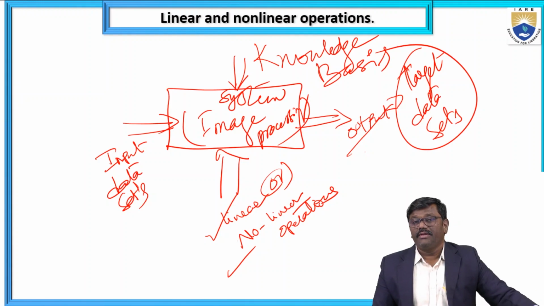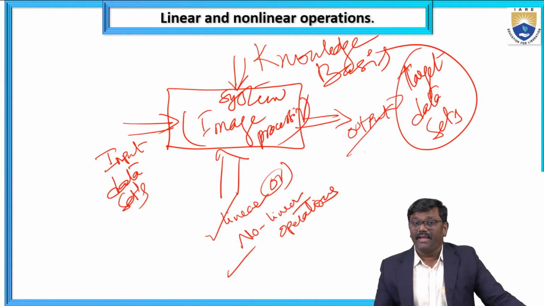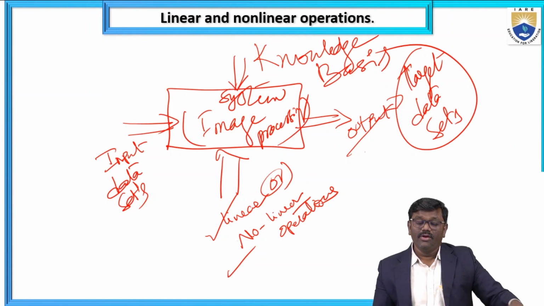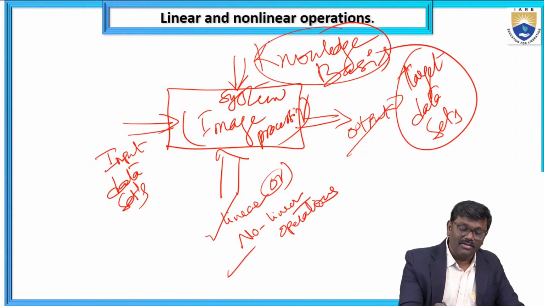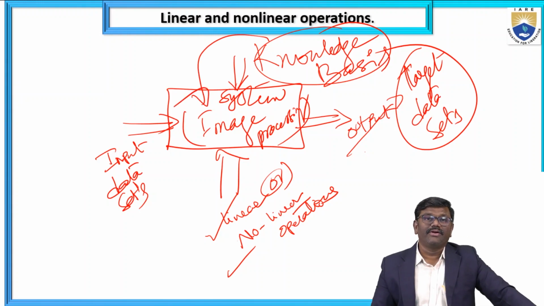That is very important. A layman cannot come forward to apply linear or non-linear operations to process an image, because he doesn't have knowledge about image processing. The simple and basic principles of linear and non-linear operations which you can apply depend upon the knowledge basis of your image processing. That is very important here.